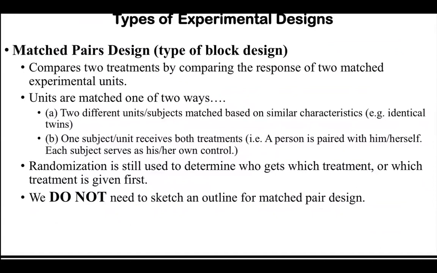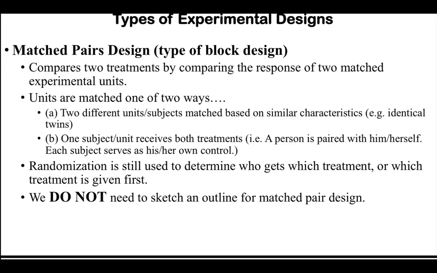Okay. Two different ways. Match you with somebody who's very close and similar, whatever you're trying to do, right? It doesn't necessarily have to be like a mirror image. It doesn't necessarily have to be like identical twins, but if you're doing an experiment with SAT scores, you can't match an A student with an F student, right?